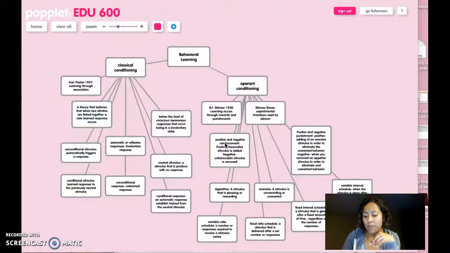But positive and negative in this form only refers to the addition, which is positive, or the removal, which is negative, of a stimulus. So that's how positive and negative are used in operant conditioning.